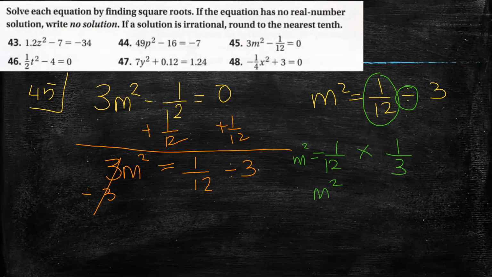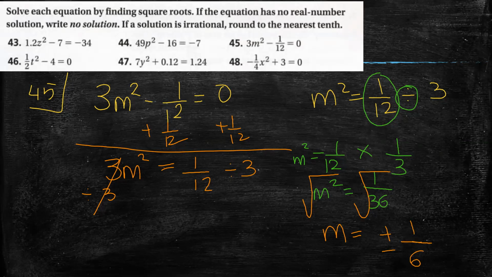So m squared is 1 over 12 times 3, which is 36. Multiply the numerators and multiply the denominators. Under the square root, m is positive or negative 1 over 6, which is the square root of 1 over the square root of 36.